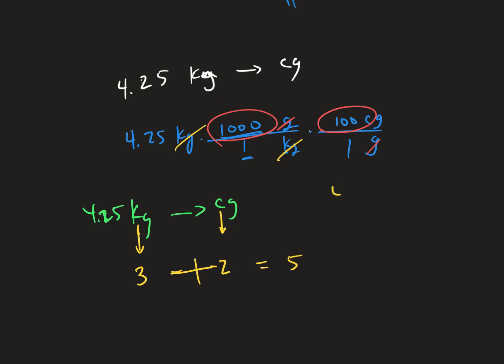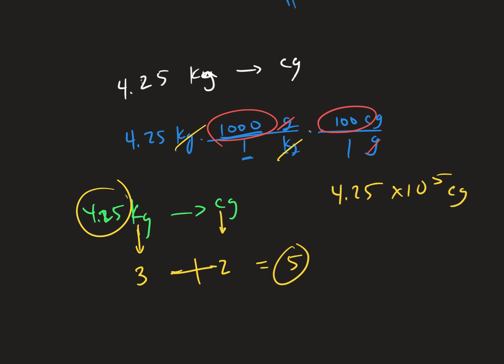So that means it's 4.25, I just took that number right there, times 10 to the 5th power, and that's it. Oh, that's so easy. So, you pick your method. And this is going to be centigrams, right?